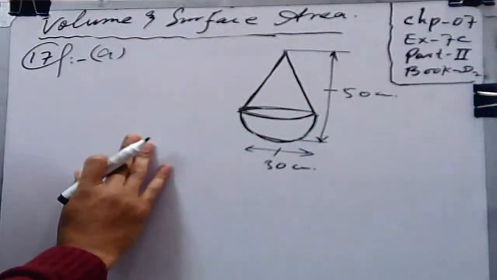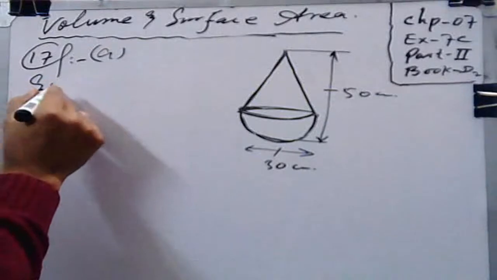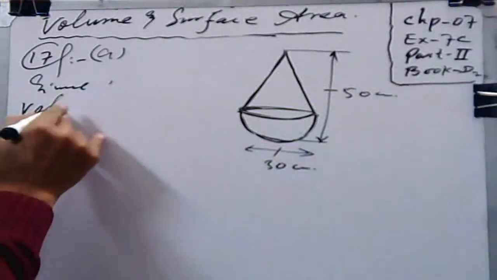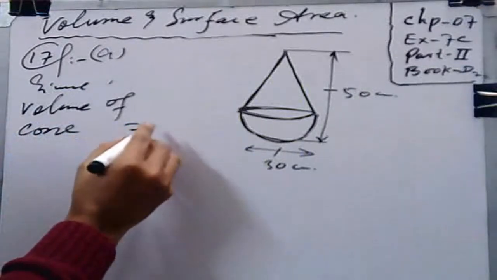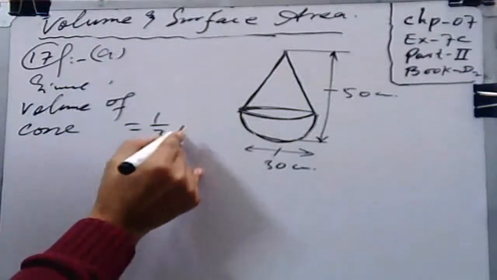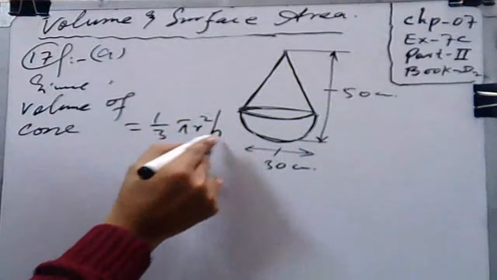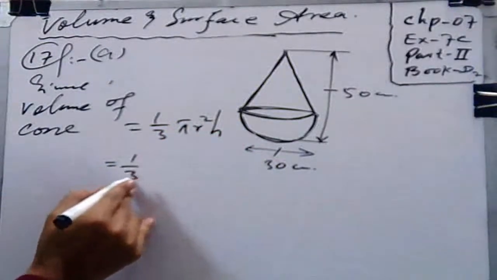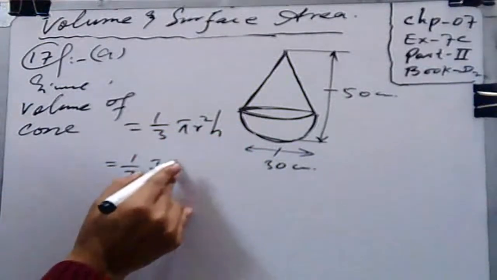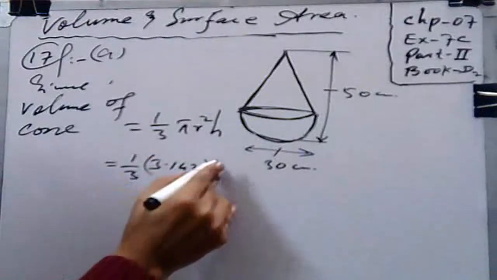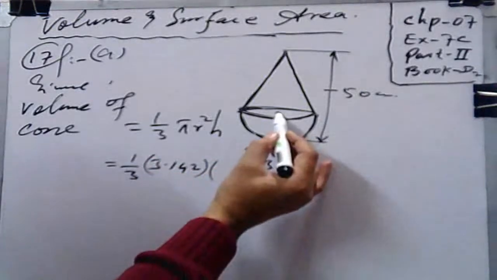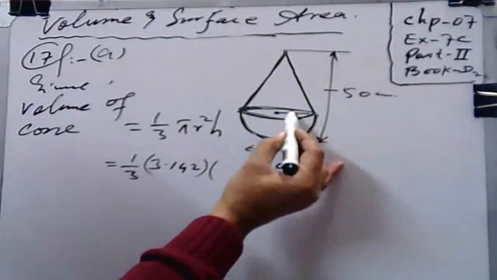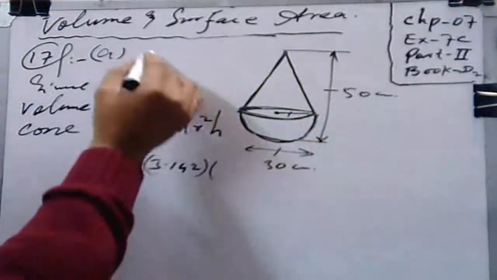we have a formula that is equal to 1 by 3 pi r square h. So putting the values, the value of pi is 3.142 and the value of r is, if you have a diameter, that is, you can see here, d is equal to 30.